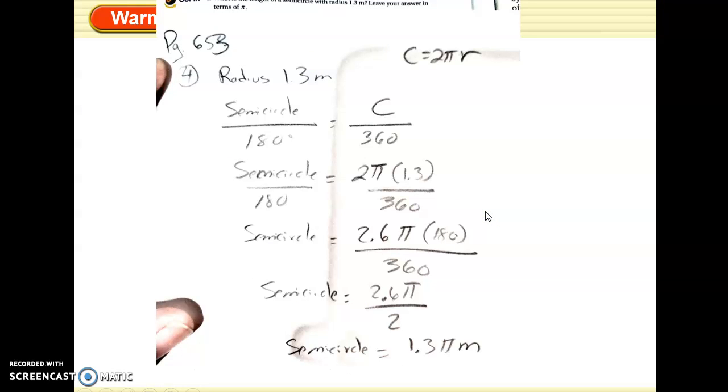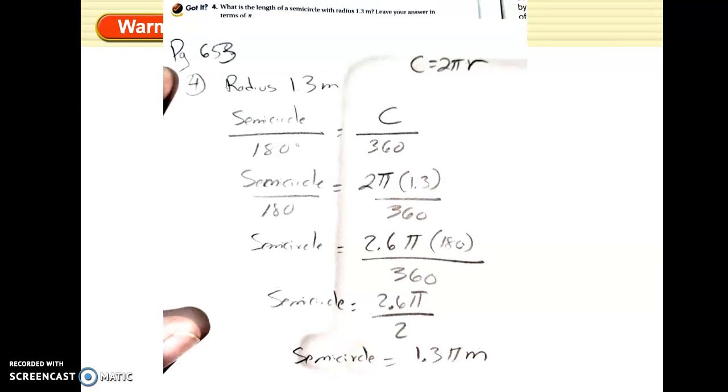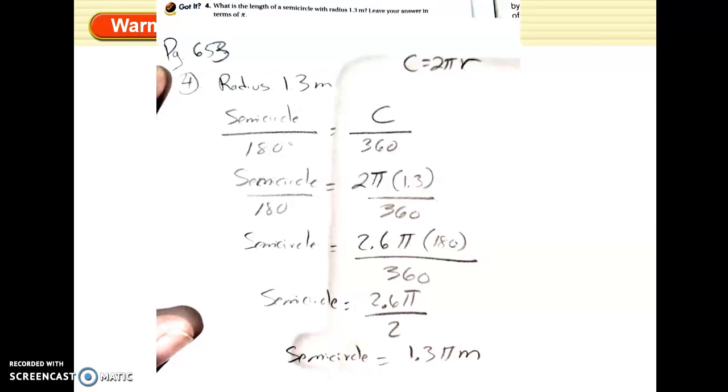Now, the other exercise that is in the previous page, 653, is also about the length. What is the length of a semicircle with a radius of 1.3 meters? Leave your answer in terms of pi. Now, this is very easy to get because a semicircle basically is half of the circle.